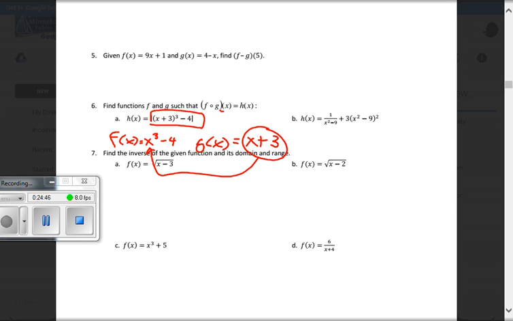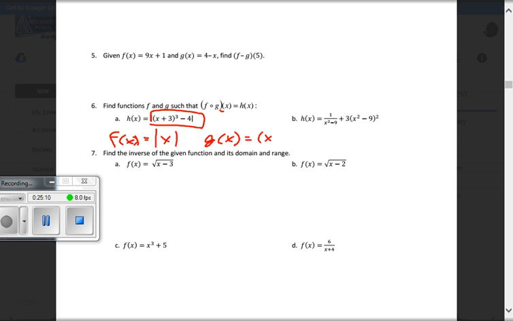Oh, wait, I need absolute values somewhere. That needs absolute values there and there. Yes? Then f of x is absolute value of x, and g of x is x plus 3, to the third. So you're asking if f of x could have been absolute value of x, and g of x could have been all the other stuff.